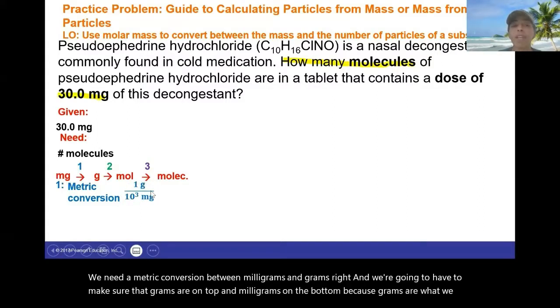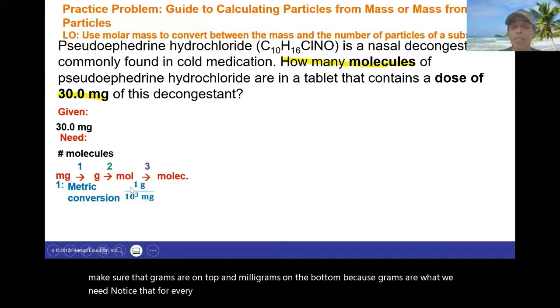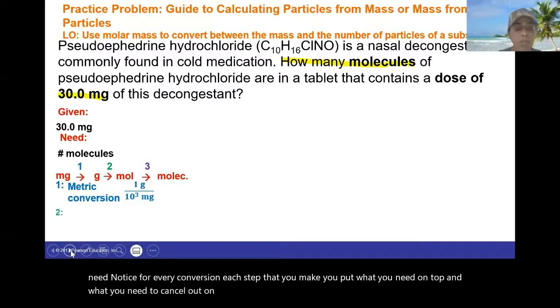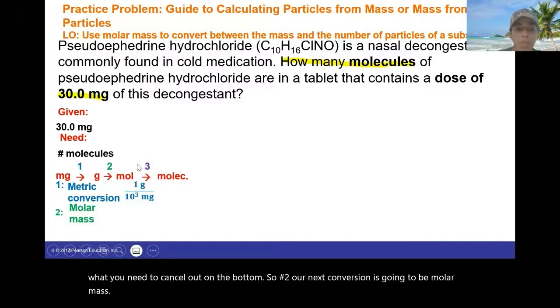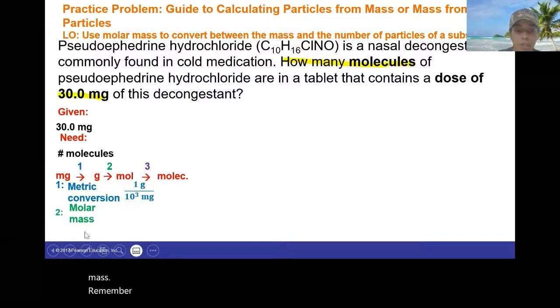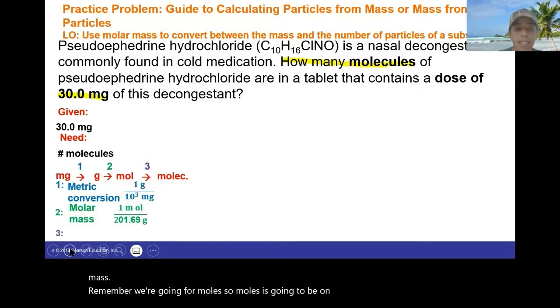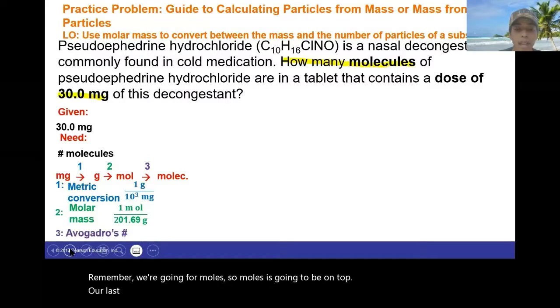Notice that for every conversion, each step that you make, you put what you need on top and what you need to cancel out on the bottom. So number 2, our next conversion is going to be molar mass. And remember, we're going for moles, so moles is going to be on top. Our last conversion now is going to be Avogadro's number.